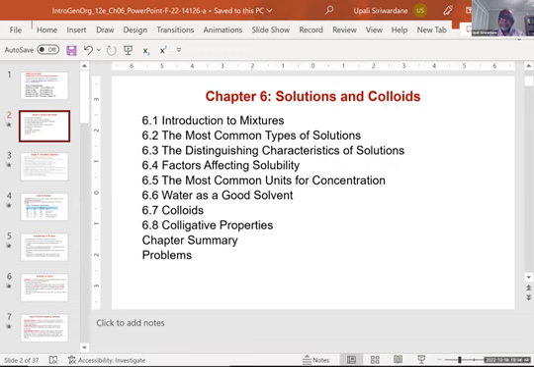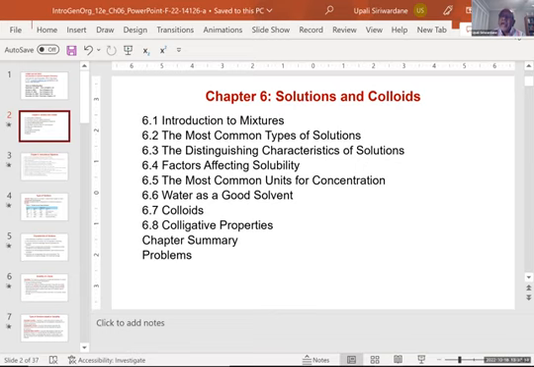A solution is a homogeneous mixture, as well as a colloid. A colloid is a homogeneous mixture too, but there's a difference from a real solution. We're going to talk about real homogeneous solutions. A colloid is not a real homogeneous mixture.